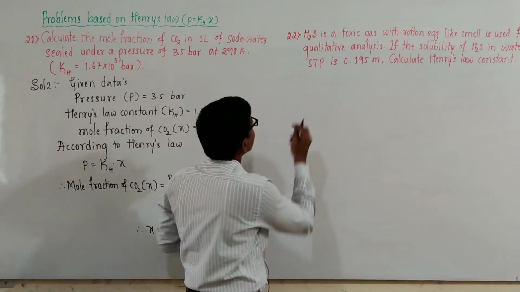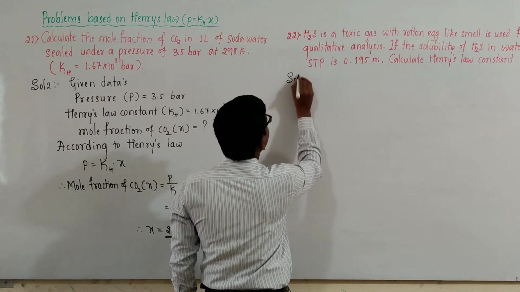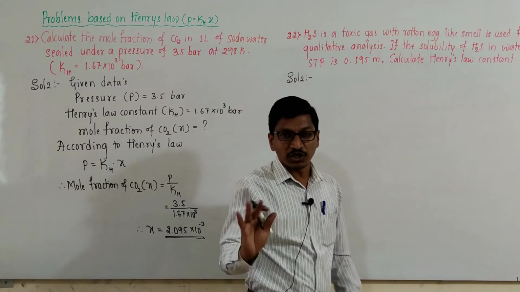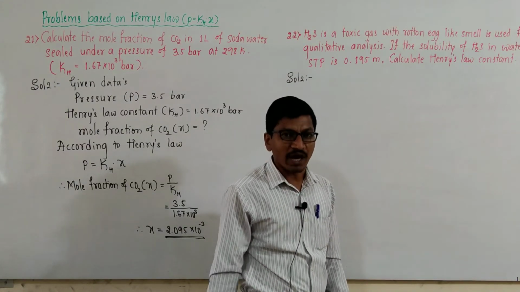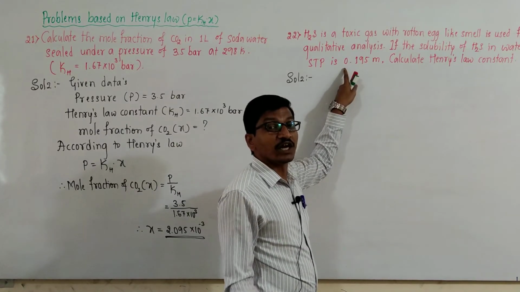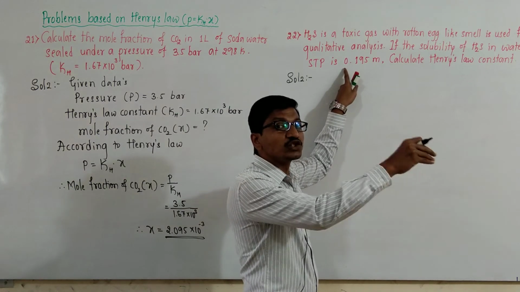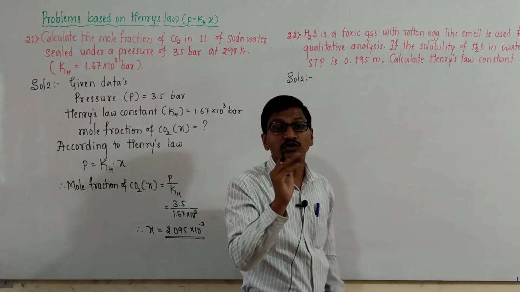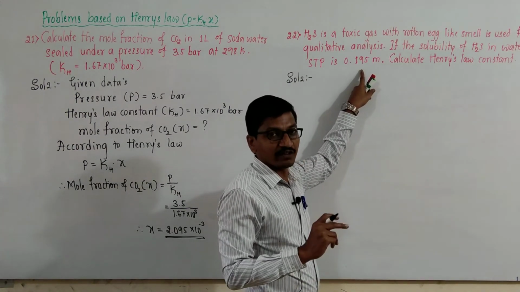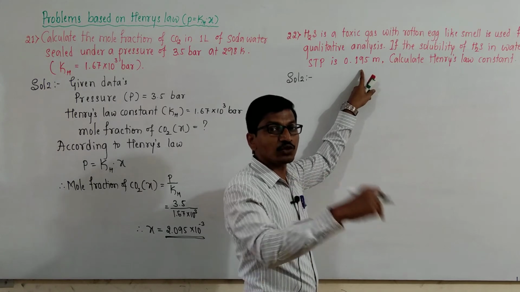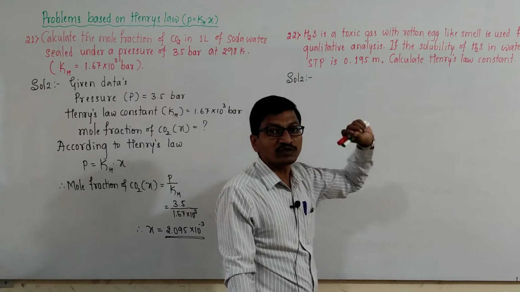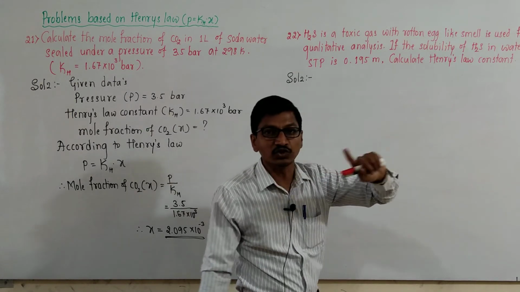Here, at STP we know the pressure: STP pressure is 1 bar pressure. Then solubility is given, meaning the number of moles of H2S dissolved in water is also known. Solubility in terms of molality is mole per kg, that is, how many moles are dissolved in 1 kg: 0.195 moles of solute H2S dissolved in 1 kg of solvent.